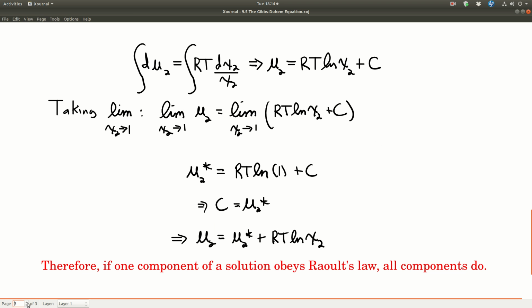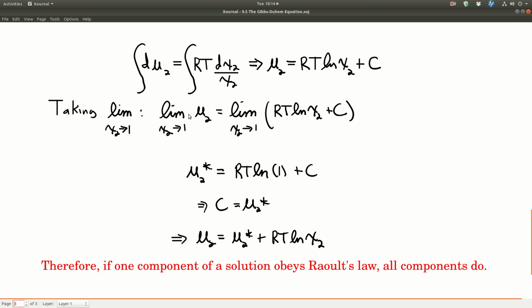Now if we integrate both sides, at constant temperature, we get mu sub 2 equals RT, integral of dx over x is natural log of x, so RT ln chi-2 plus some constant of integration. We can evaluate that constant if we take the limit as chi-2 goes to 1, pure component 2.